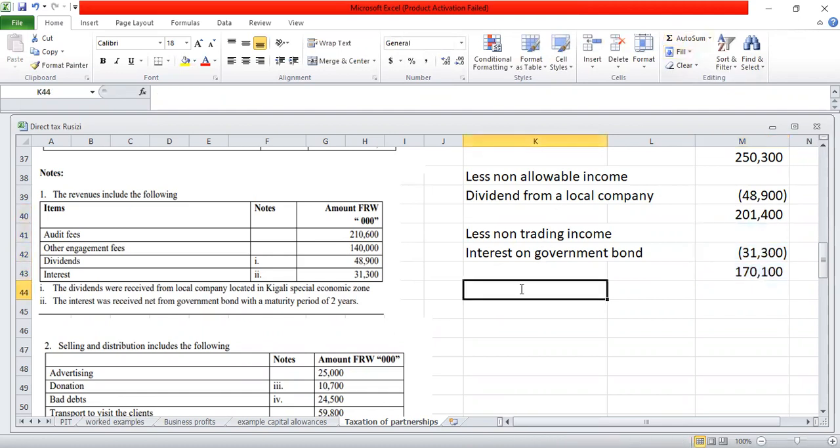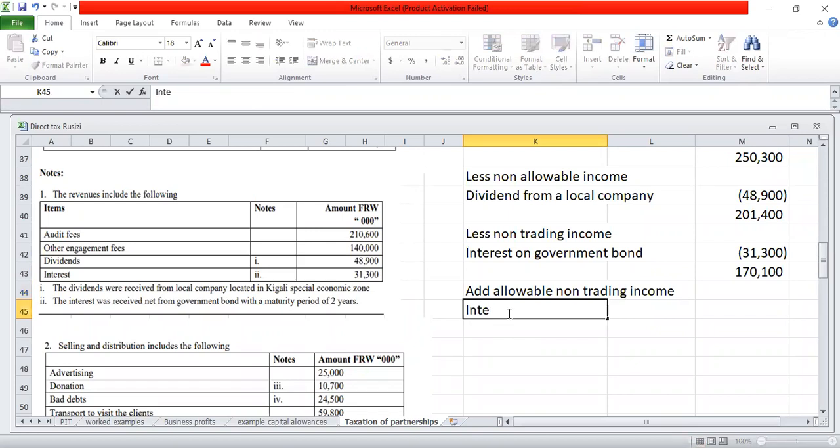Then after raising it, I'm going to add it back. Add allowable non-trading income. I still have interest, but when I'm adding back, I should gross. So it is 31,300 times, remember, this is 2 years.